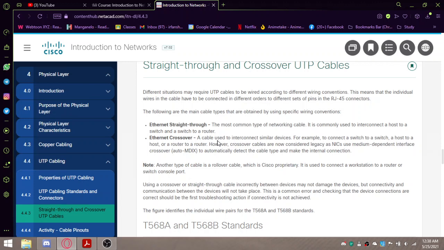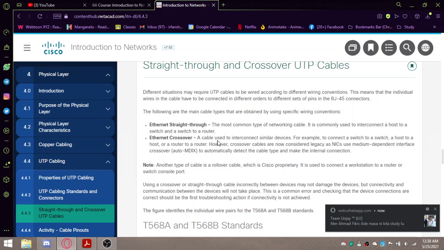A cable used to interconnect similar devices is Ethernet crossover. This cable is used for similar devices, for example to connect switch to switch, host to host, or router to router. That is crossover.